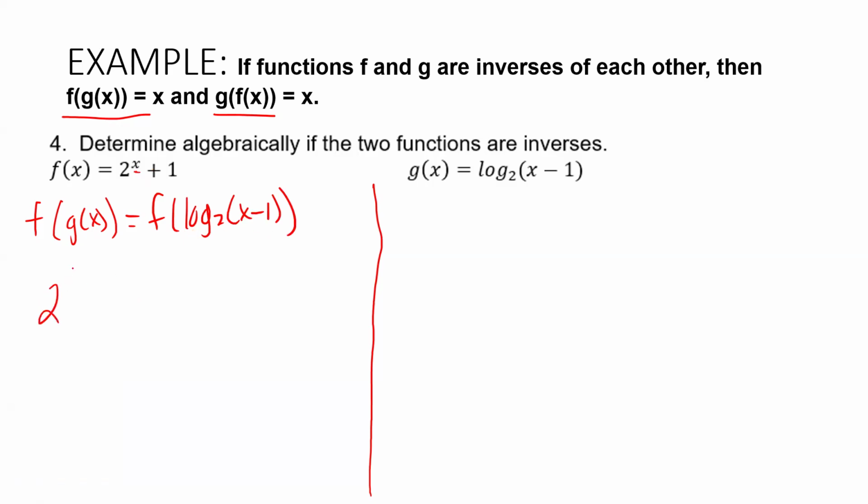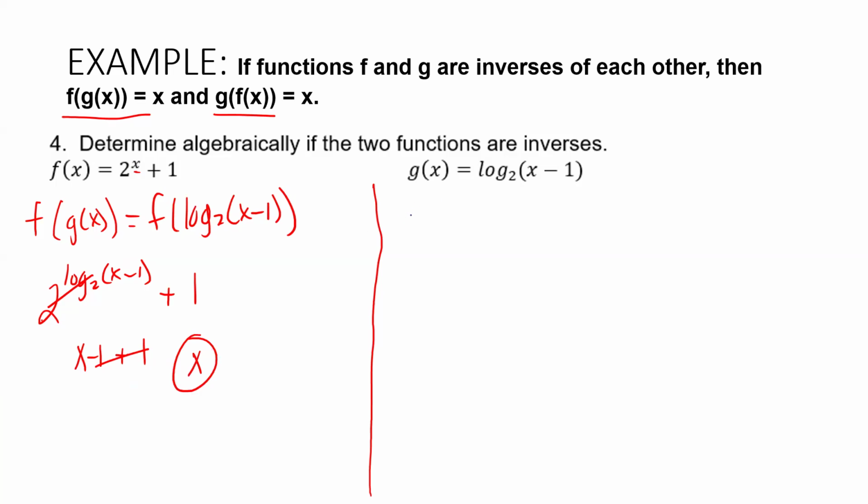That gives us 2 to the log base 2 of x minus 1, plus 1. As we've learned, if the base of the exponent and the base of the log are the same, they are inverse operations of each other, so they cancel each other out, and we're setting our power free. So we have x minus 1 plus 1. -1 plus 1 is 0, so we're left with x.